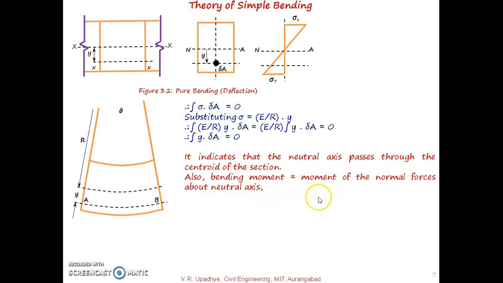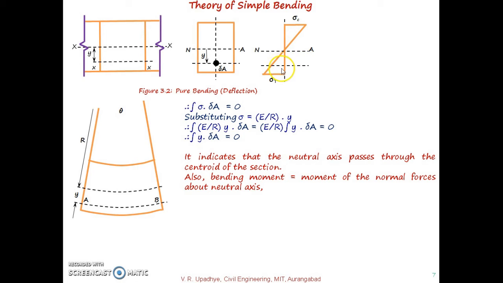Above the neutral axis at the top, if it is subjected to compressive stress, and below the neutral axis at the bottom, if it is subjected to tensile stress, then due to that stress and the area of cross section below the neutral axis, the force will be tensile force, and at the top, if we consider the area beyond the neutral axis and the stress due to compression, the compressive force will be there.